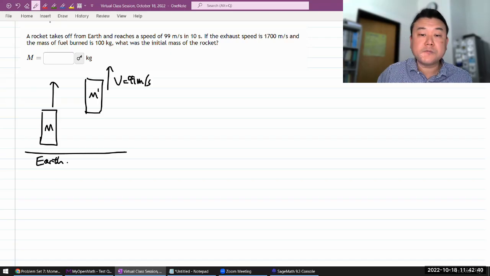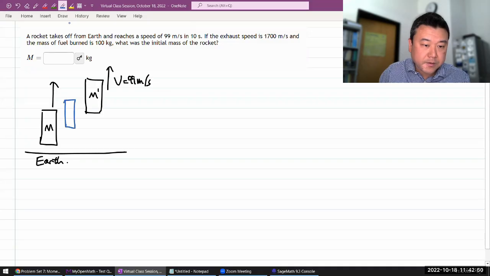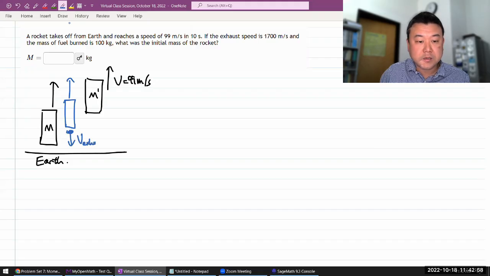Let's see. If the exhaust speed is 1700 meters per second, so while the rocket is firing off, this is kind of the midpoint thing. So the way rocket propulsion works is it's ejecting fuel with some exhaust speed. And during this interaction, momentum is conserved.